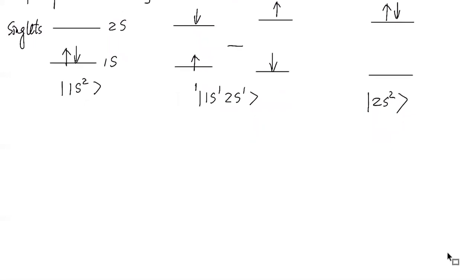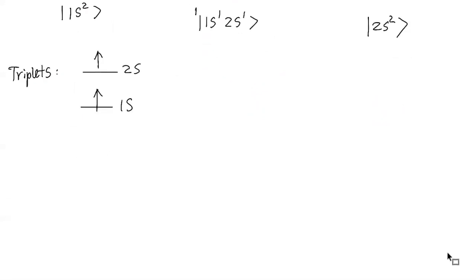You can also have triplets. You have 1s1, 2s1. This is, of course, a triplet state. So I put a 3 here.